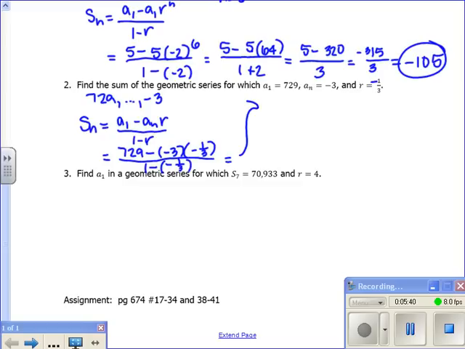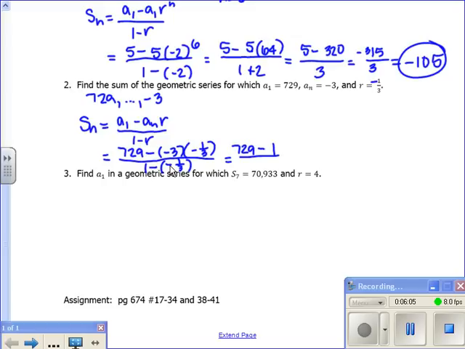Okay, simplifying. So I'm going to multiply first. I get 729 minus, now a negative 3 times a negative 1/3 is just a positive 1, over 1 minus a negative 1/3.